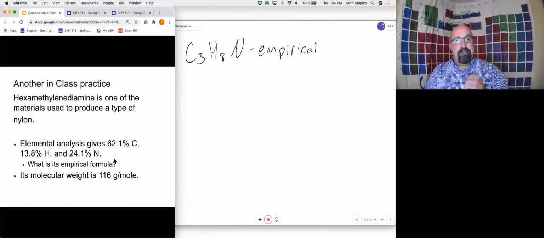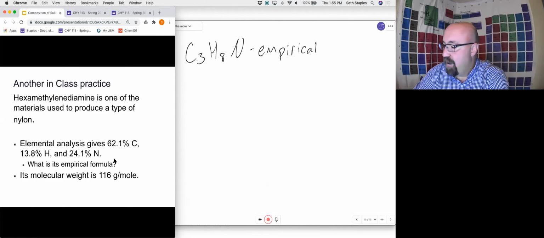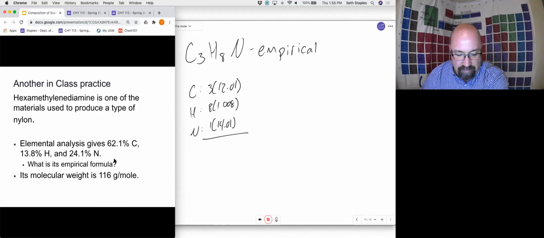We're also told that the molar mass, the molecular weight of the whole entire compound, is 116 grams per mole. So we want to do the same thing that we just did. We're going to find the molar mass of our empirical formula. We add those all up, and we get a molar mass of 56.68 grams per mole.